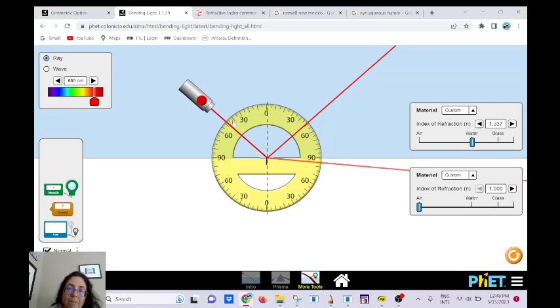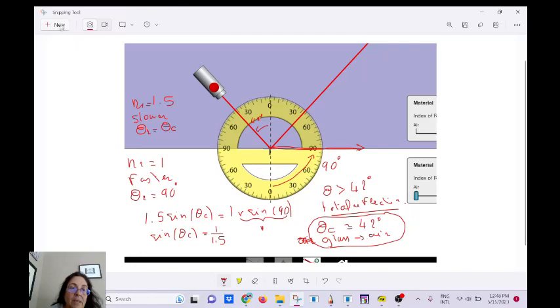So this is 30, 40, 45. Maybe at 45 degrees, boom, somewhere at 45 degrees, boom, it disappears. So that's going to be 40, 45, maybe 47 degrees, something like this, around 47. Let's do the math to find out.